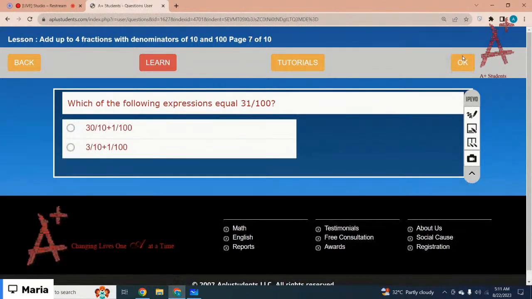Okay, which of the following expressions equals 31 over 100? Which is the correct option? 1 or 2?